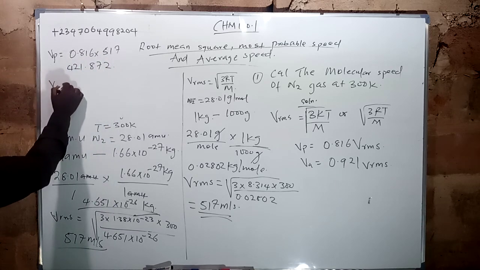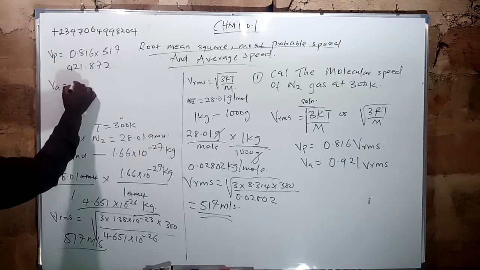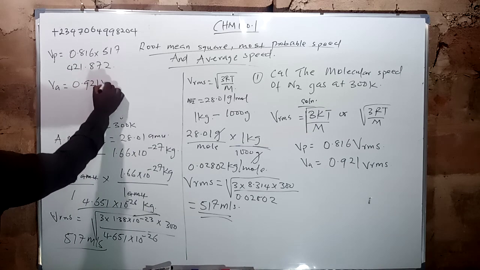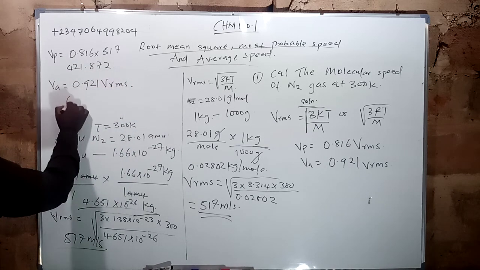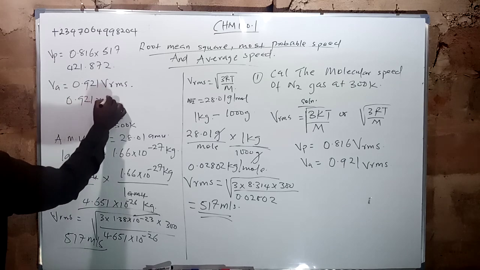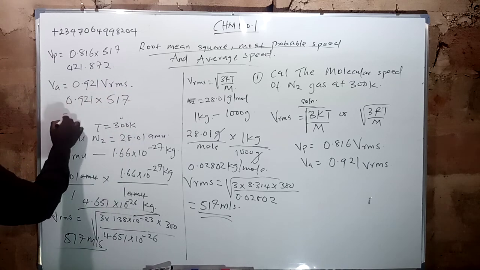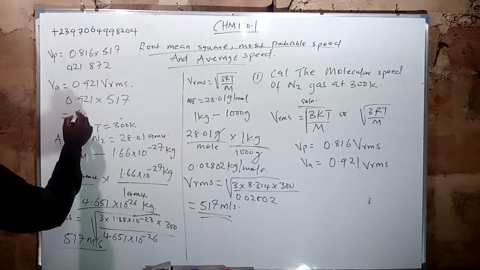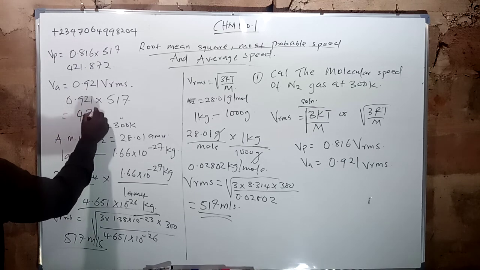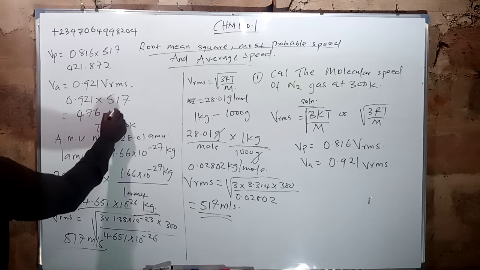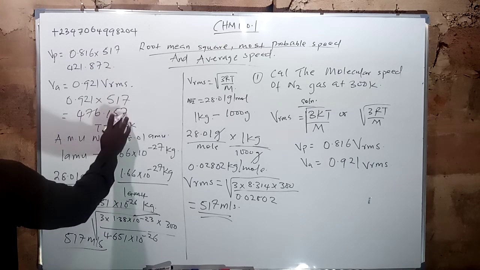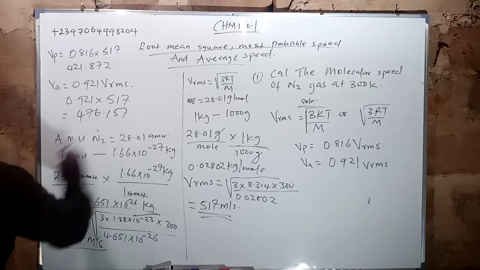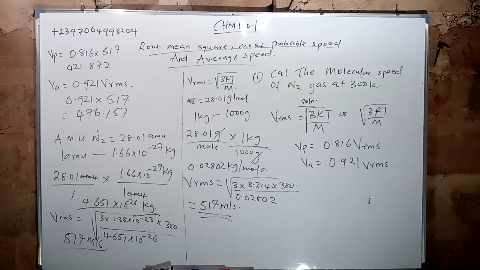And your VA, look at the formula there, is 0.921 VRMS. So this is 0.921 times 517. That should give you an answer of 476.157.